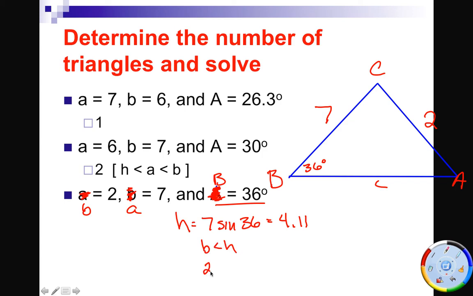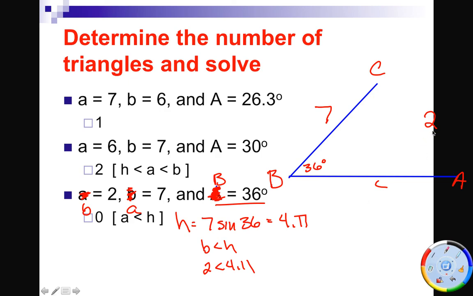And b is 2, which is less than 4.11, and that's the one everybody likes because there are no triangles possible. And that actually means I didn't need to draw this triangle, technically, but I used it to show the height and the other piece. All right, so that's all the farther you need to go because I can't solve a triangle that doesn't exist.